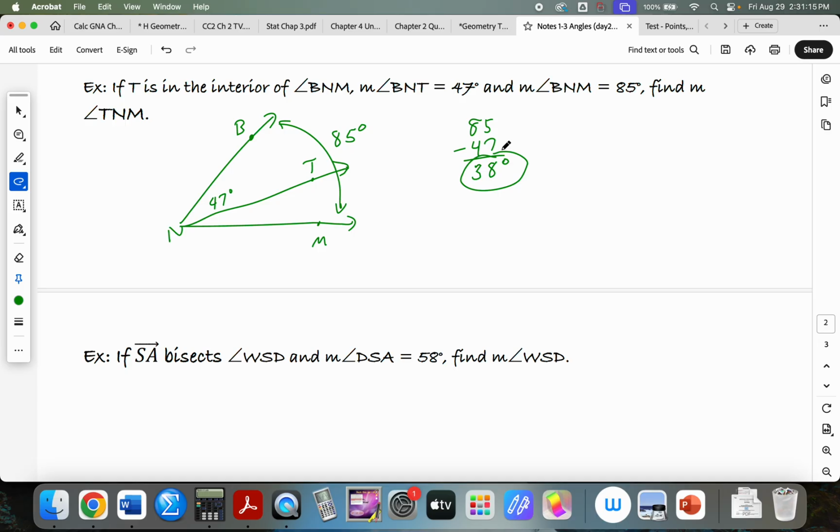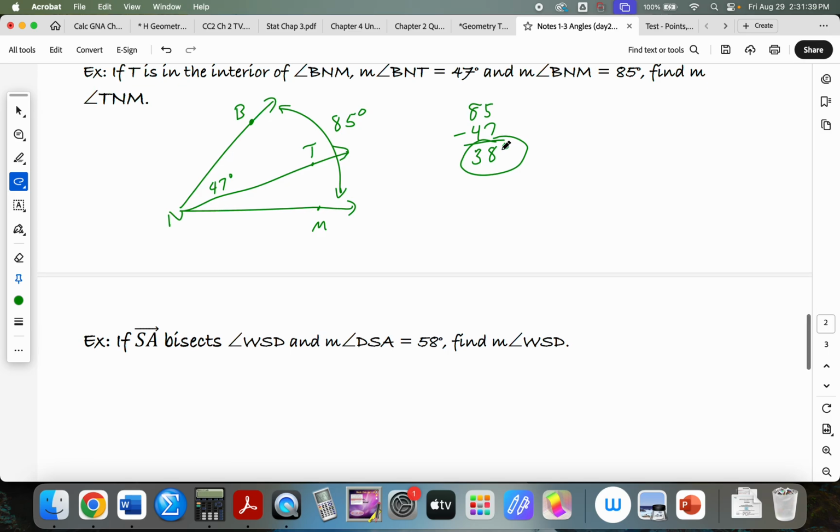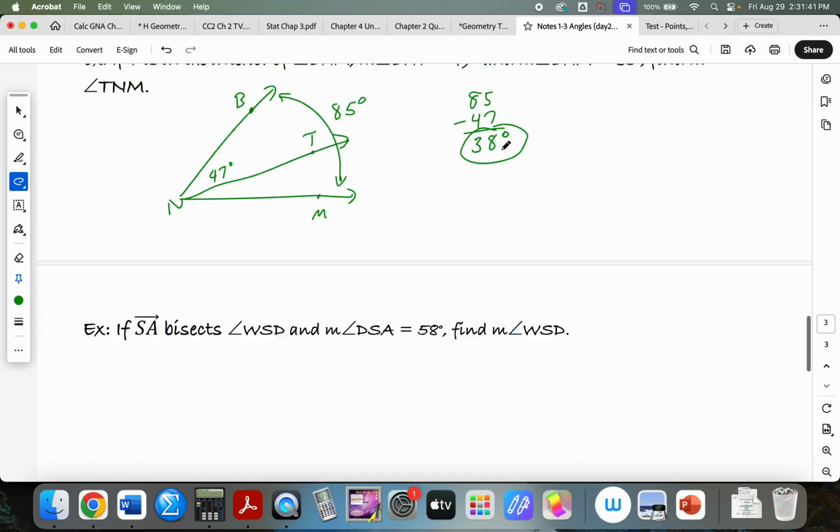Occasionally I have people who do what I call wishful thinking. They're like, I wish this was this number, and so they just make it that number. But if you just miscopy something, I usually just take off a point, and then I figure out what the answer would have been so that I can follow along with what you've done. Okay? It's called a copy error. And it's not a huge deal.